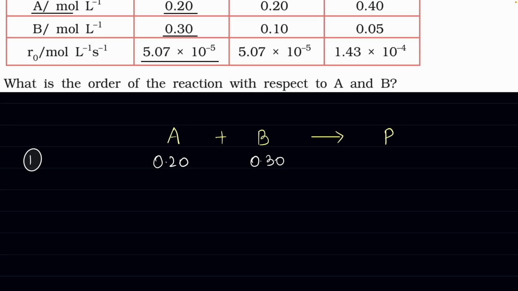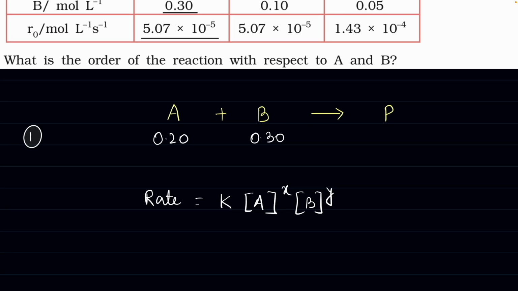So if you use the rate of reaction formula based on the concentration, we can say that rate is equal to K into concentration A to the power X, concentration B to the power Y. And in the first experiment, rate is given as 5.07 into 10 to the power minus 5.